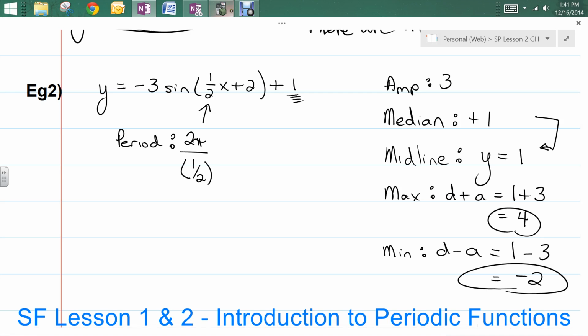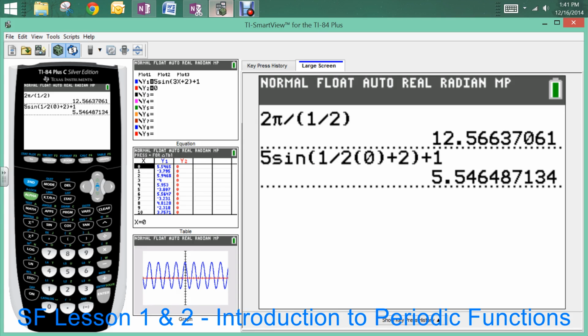If you do it as a fraction, going to the calculator, I have to type, you can see it right there, 2 pi divided by, bracket, 1 divided by 2. Do you see that up here? It's in this spot right here. 2 pi divided by 1/2.